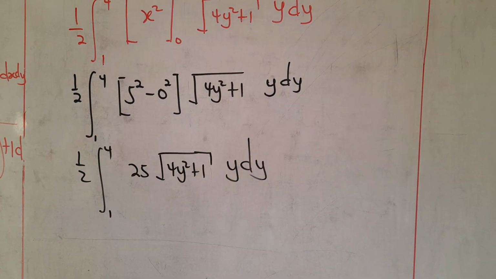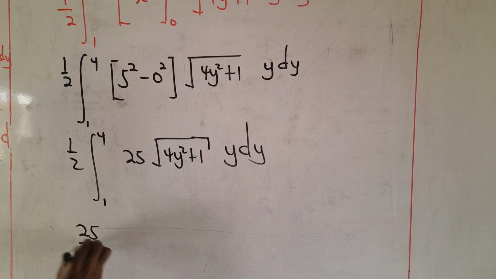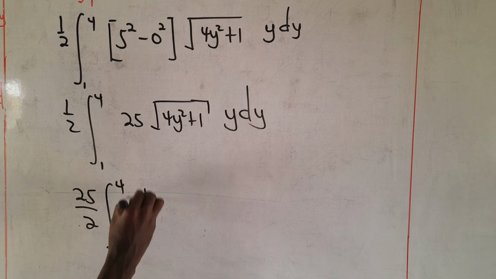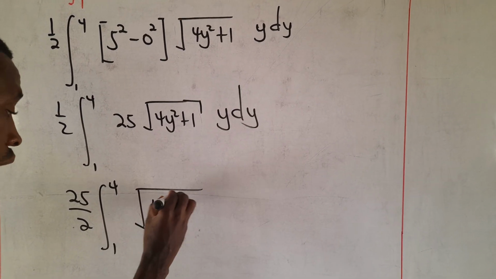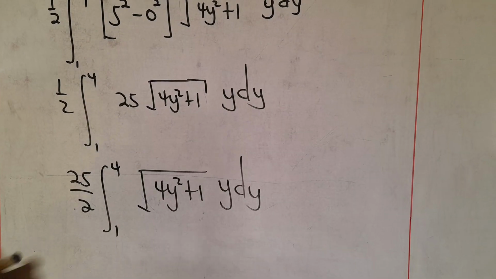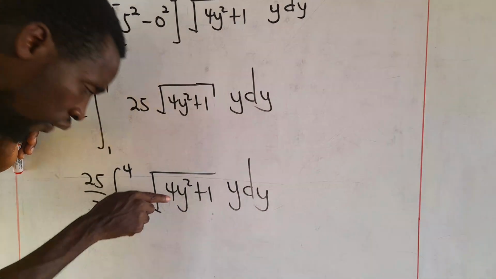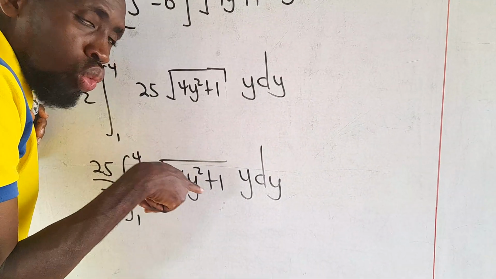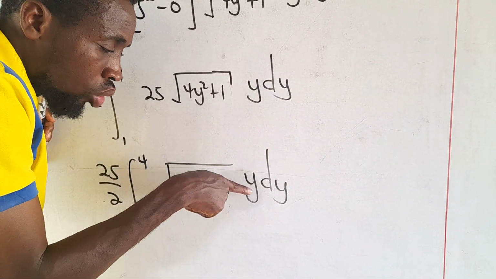I can bring my 25 out, so I'll have 25 over 2 times the integral from 1 to 4 of the square root of 4y squared plus 1 y dy. Now, how do I integrate this with respect to y? Look at it. If I differentiate 4y squared, I will get 8y. That means y pops up.